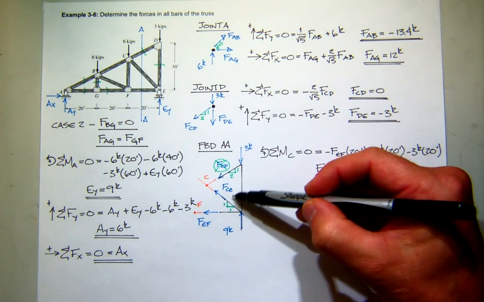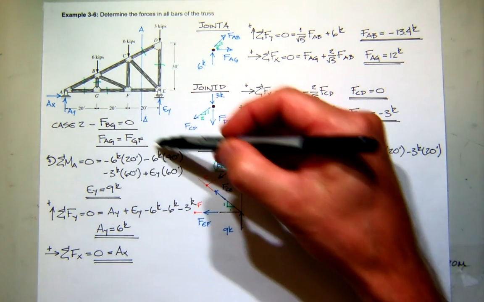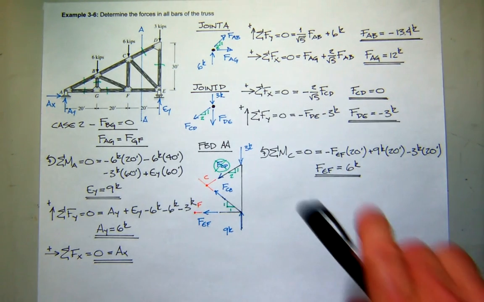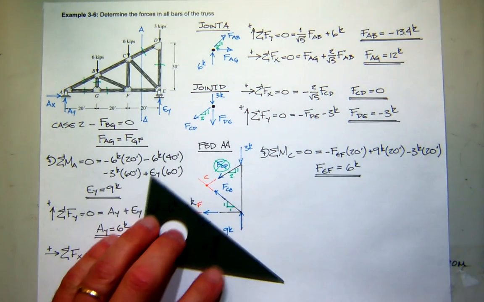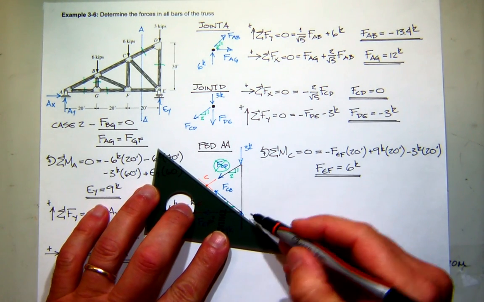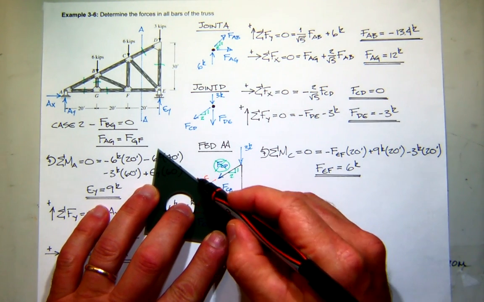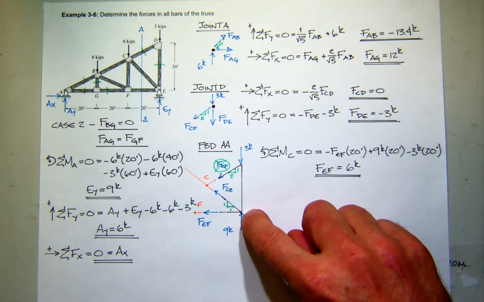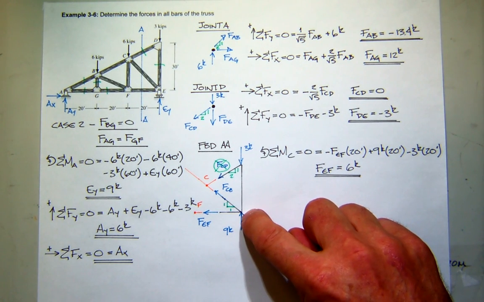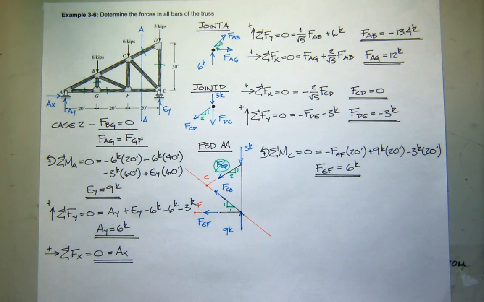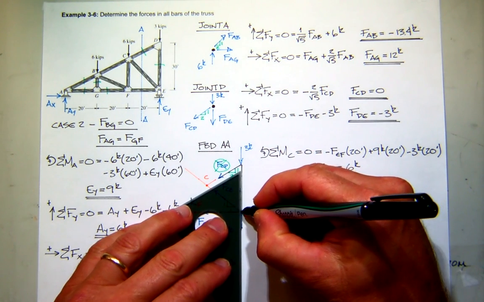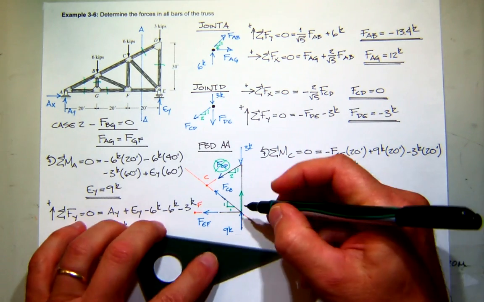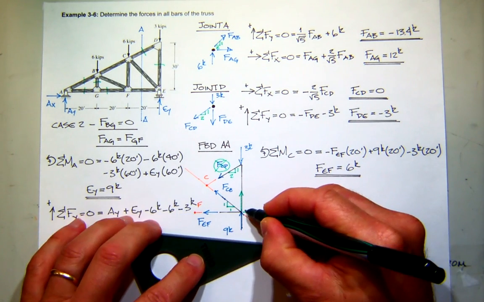How do I find the moment of CE about F? Well, remember that force exists anywhere on that line of action. So I can move it anywhere I want up and down this line of action. What if I moved it down to here? Then I would have what? A y component and an x component, right? And only the y would create moment.